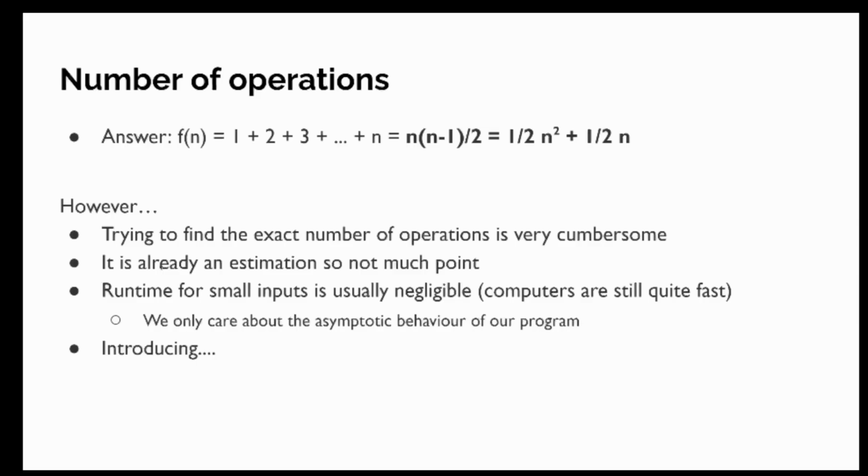However, obviously you can see that trying to find the exact number of operations is very cumbersome, and it's already an estimation. So there's not really much point in finding the exact number of operations. And usually, runtime for small inputs is negligible because computers are quite fast.